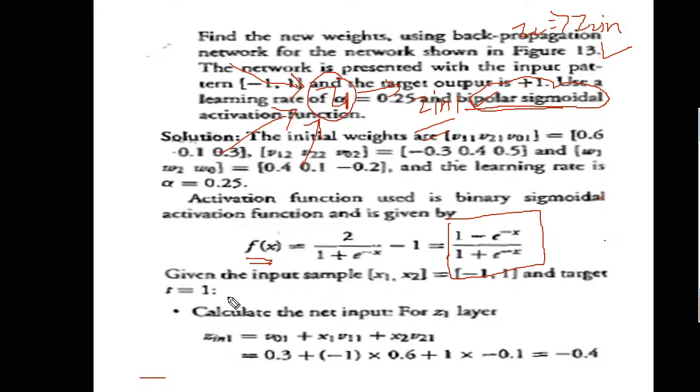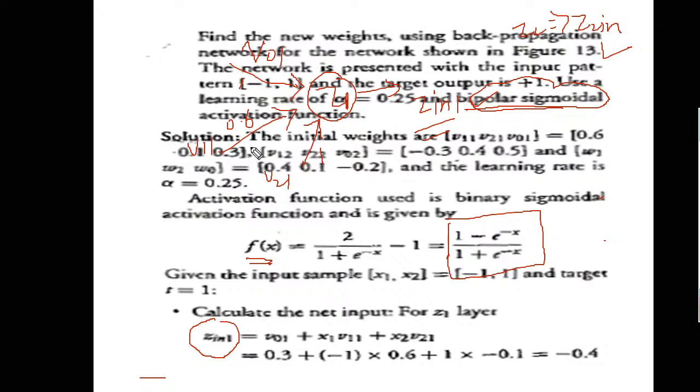Let's say first we will calculate z in 1. Z in 1 will be calculated as the total net input coming over there multiplied by the weights. If you see here, there is one bias, v01, and then this is v11 and this one is v21. The weights are: v21 weight is 1, v11 weight is 0.6, and the bias weight is 1 only.